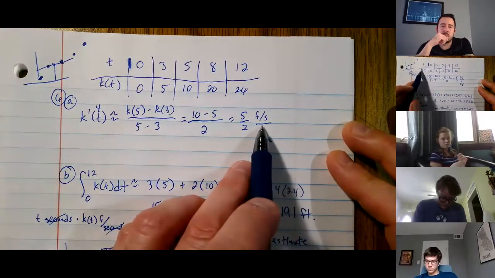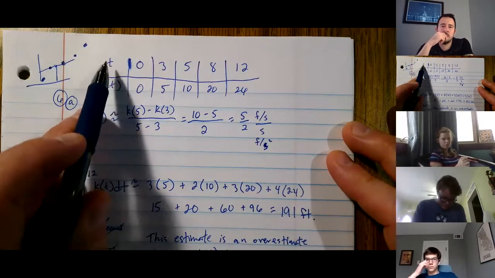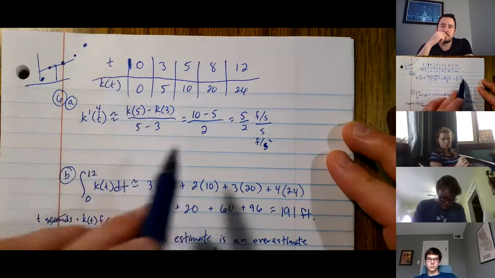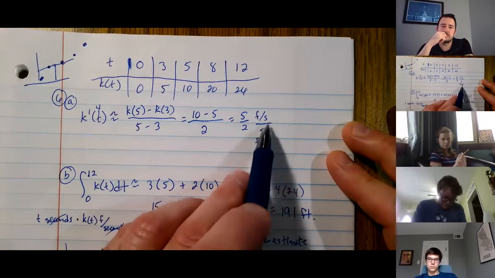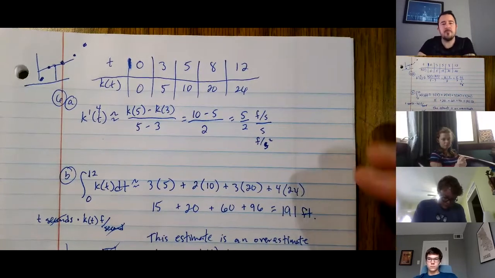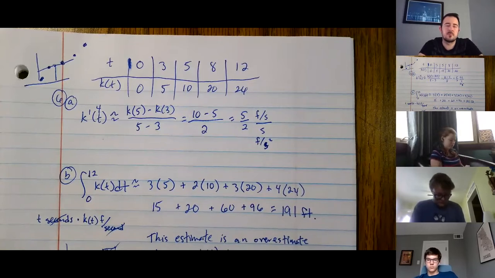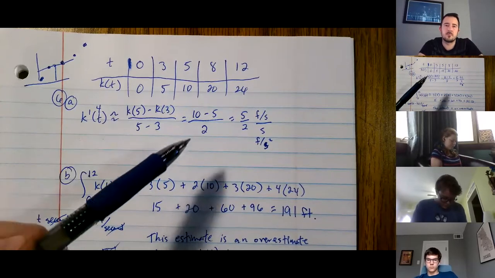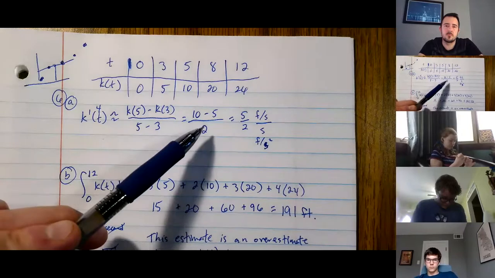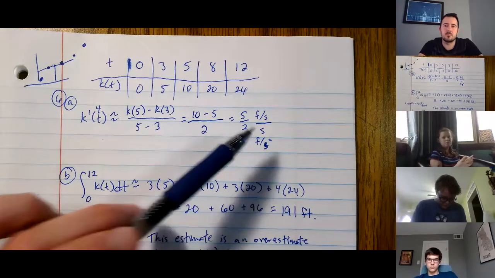I took the units of k, which were feet per second, and the units of t, which were seconds. So I have feet per second divided by seconds, or feet per second squared. That is part A. If you look at the scoring, in part A you get a point for the numeric estimate and a point for the units.